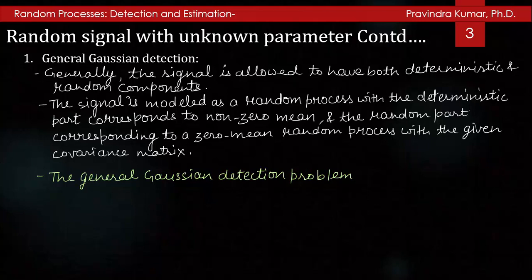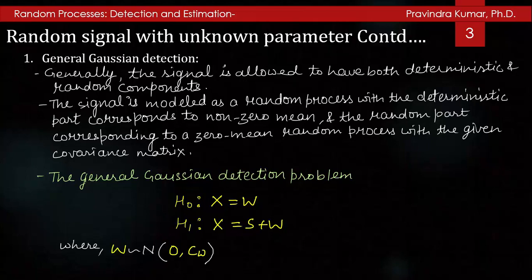Mathematically, the general Gaussian detection problem can be described by two hypotheses. With hypothesis H0, x is equal to omega, meaning there is no signal, only noise is present. With H1, x is equal to s plus omega, where omega is a random process with zero mean and covariance matrix C omega, and s is a normal random process with mean mu s and covariance matrix Cs, where s and omega are independent.